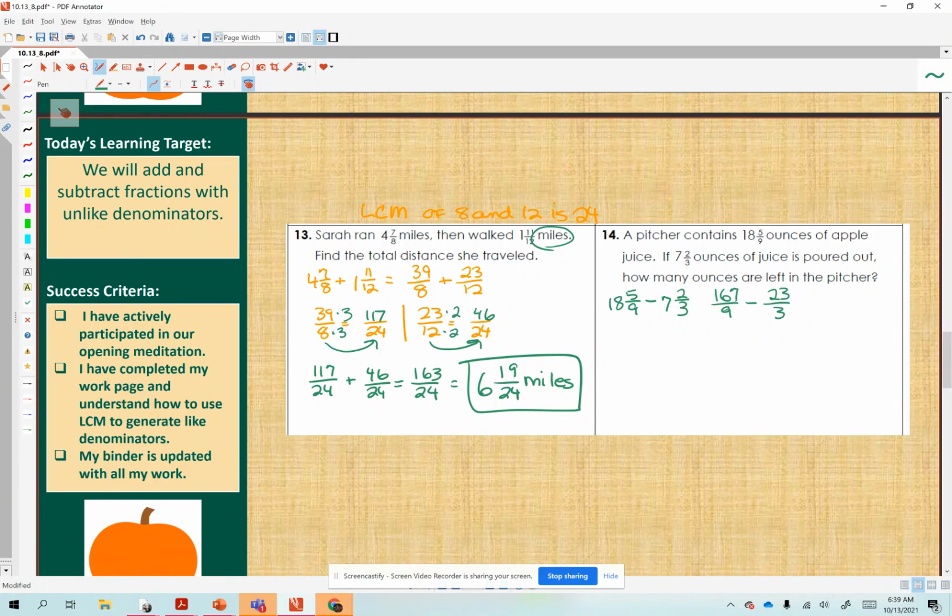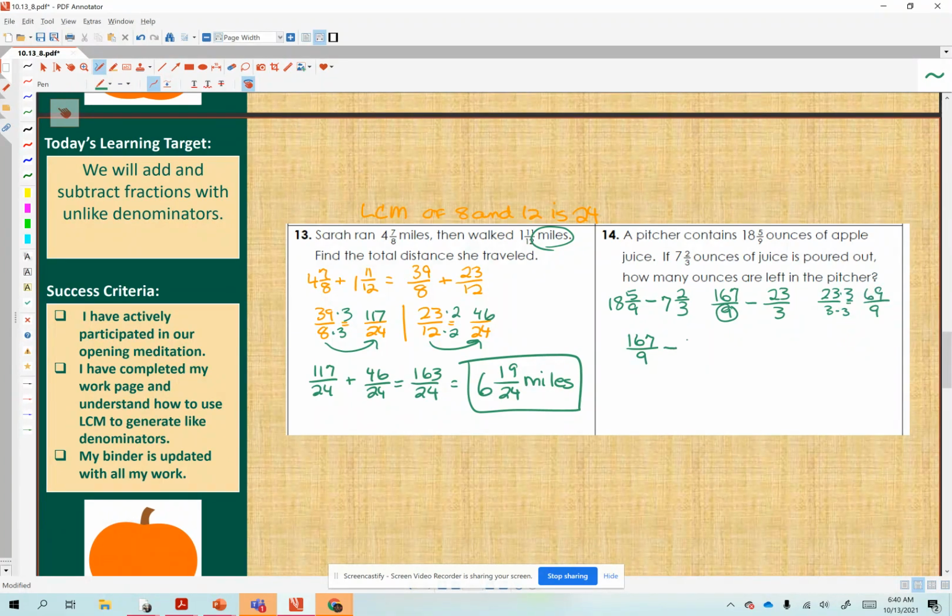Now our least common multiple will be the ninths because it is a multiple of 3. So our first fraction will stay at 167 ninths, but 23 thirds converted to ninths, 3 times 3 is 9, 23 times 3 is 69.